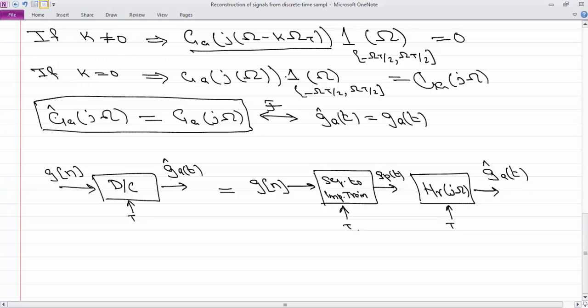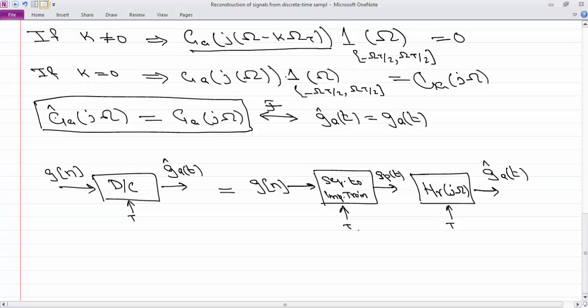Now also keep in mind that if you want to go from signals to samples and then samples back to signals, the time period should be the same in all the blocks. So if you have a recording of someone that you recorded at 44.1 kilohertz, but when you are reconstructing that, you input, let's say, 60 kilohertz as the sampling frequency, then all of these things will be messed up.